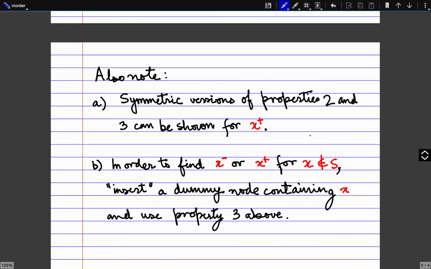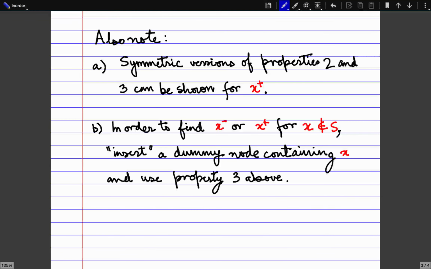Note that symmetric versions of properties 2 and 3 can be shown for x plus. That is, we look at the right subtree of x, Rx. If the right subtree of x exists, then the minimum element in the right subtree gives us x plus.